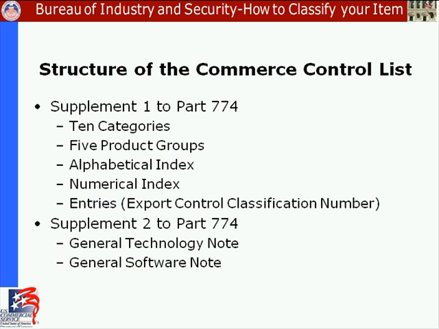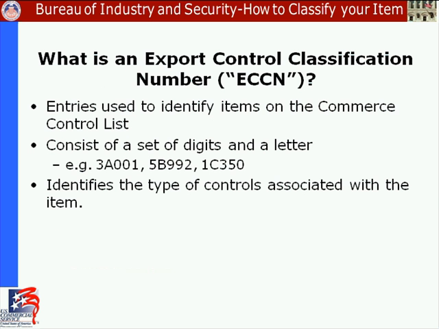So what is the ECCN number? Again, that is the abbreviation for Export Control Classification Number. That will identify the items we want to control. And it always has 5 characters for each ECCN number. For example, here you can see 3A001, 5B992, all are 5 characters.